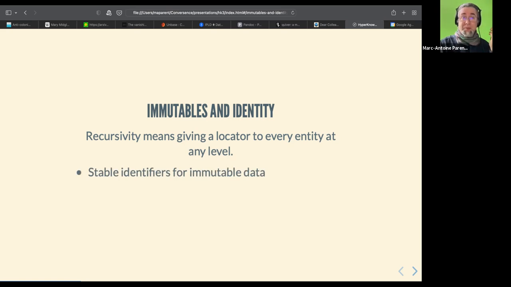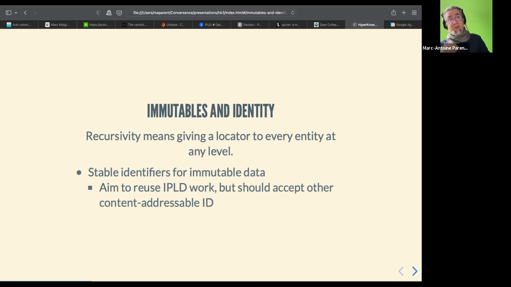If it's immutable data, we want stable identifiers, very much in the IPLD principle, though in theory this is supposed to be an interoperability protocol. So I don't think we should be wedded to IPLD, even if we use it internally or not. What is important is the ability to create equivalence classes between identifiers, including immutable identifiers.